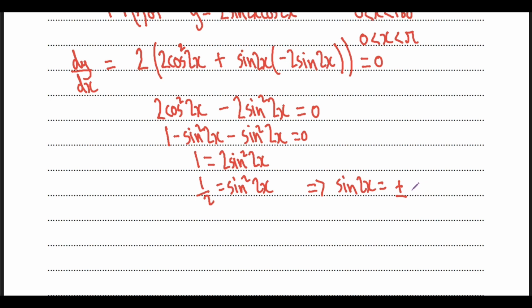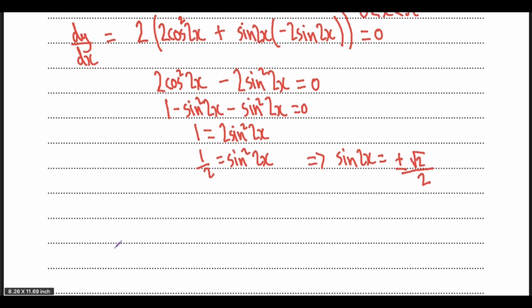Plus or minus square root of 2 all divided by 2. Well, take the sine inverse on both sides, so you're left with sine inverse of the sine of 2x, which is just 2x, is equal to, well, let's use a calculator, right? So we're working in radians, so root 2 over 2. If you take the sine inverse of that, you should get a couple angles.